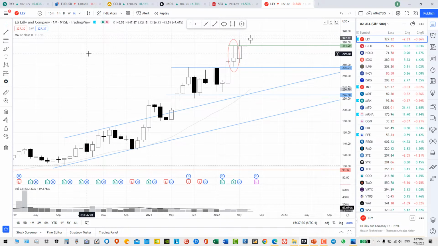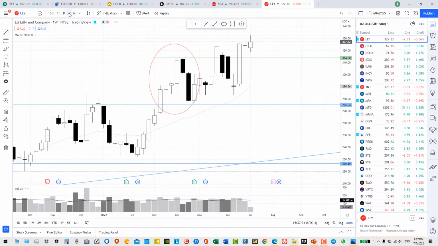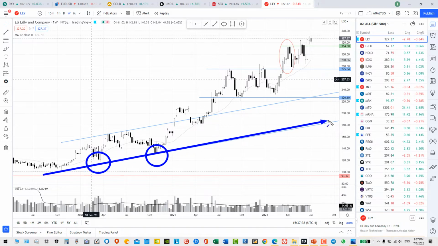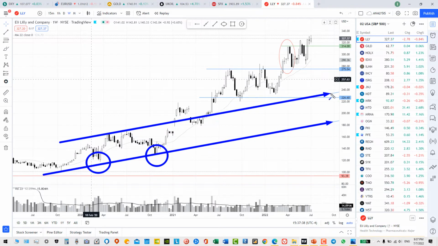Let's check the long and the medium term picture over the weekly chart. And we do have a lot of details here. We can see that the stock is in a very healthy uptrend over the long term. Here is the uptrend line connecting the higher lows, as well as the channel line connecting the highs.